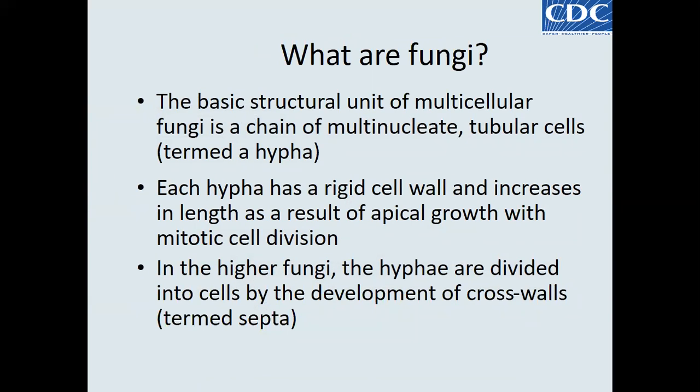Well, let's talk about the molds now. They are not unicellular, they're multicellular, and their basic structural unit, kind of the body of a mold, is the hyphae. And they will increase in length in an apical way with mitotic division.